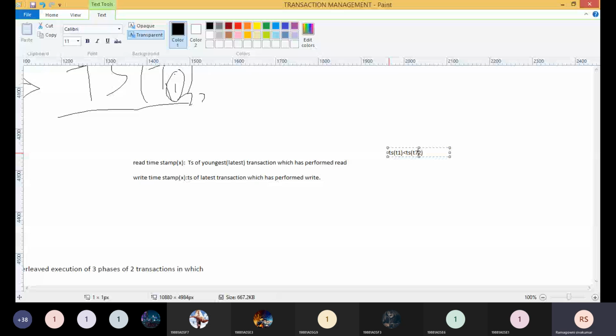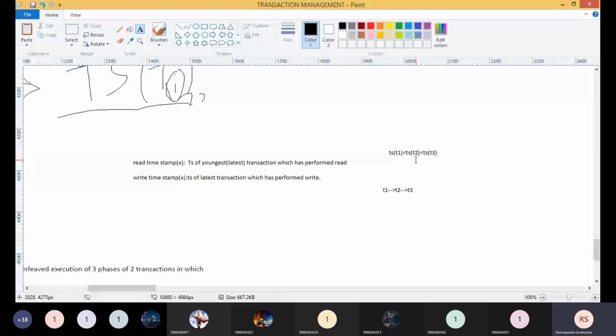This is the order. If it is in this position, we have rules here. First see the rules once, then I will draw one table, then I can explain.